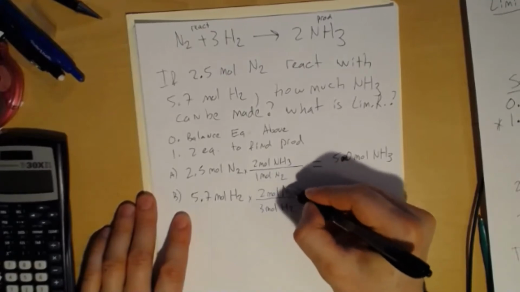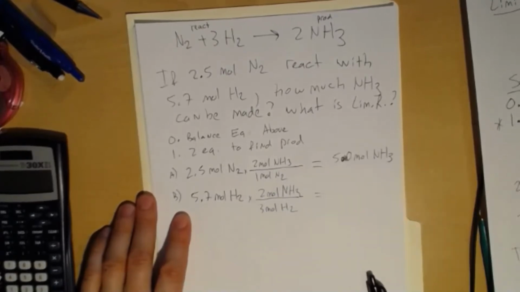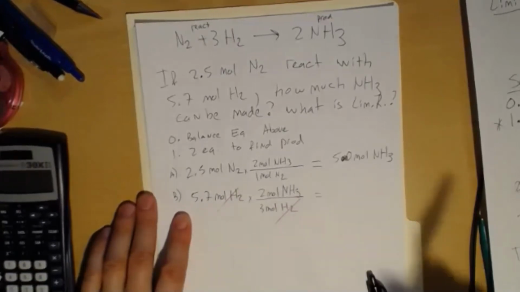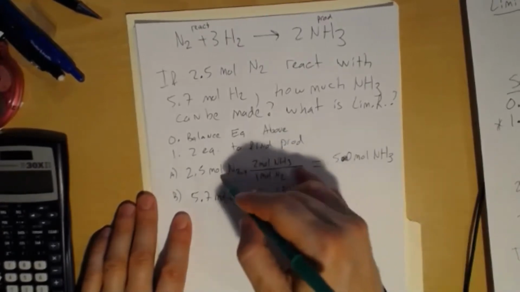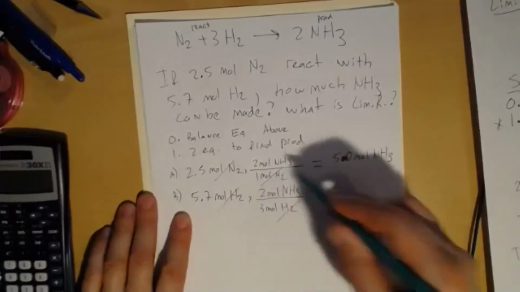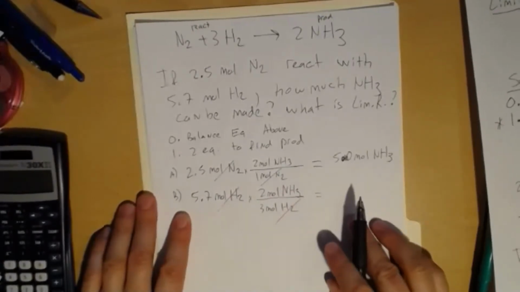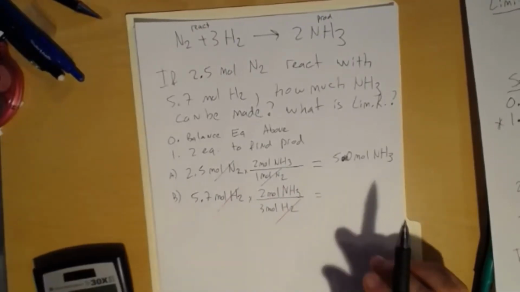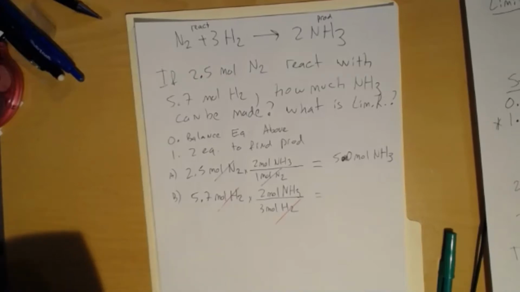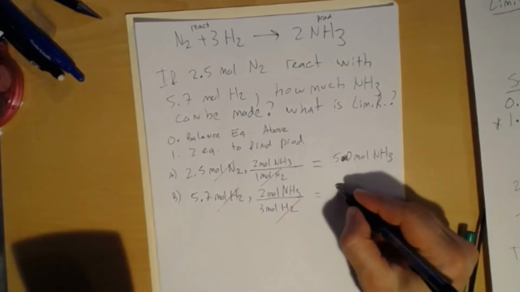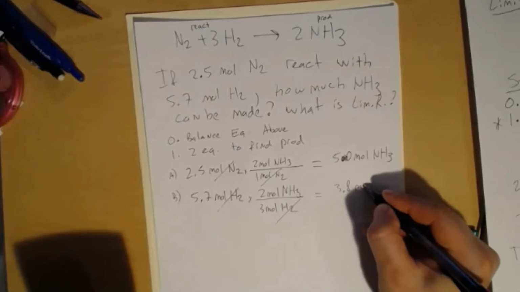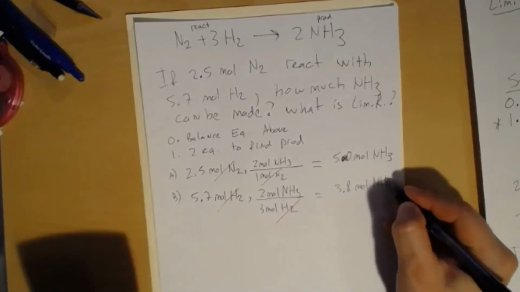Maybe we should cancel out units here too, right? Moles of hydrogen with moles of hydrogen. Just like above, we canceled moles of nitrogen with moles of nitrogen. Okay, So then this one's kind of more complicated. I need my calculator. So 5.7 times 2 divided by 3. And I get 3.8 moles of ammonia.